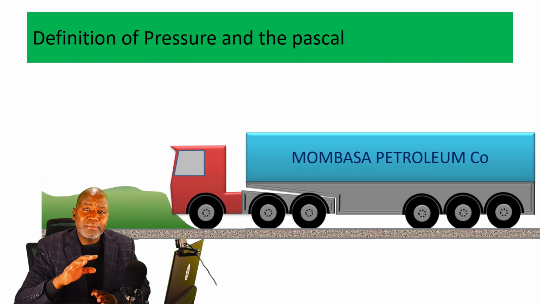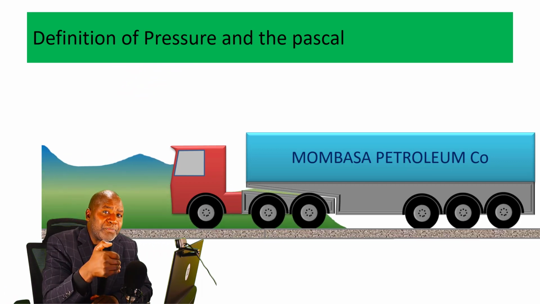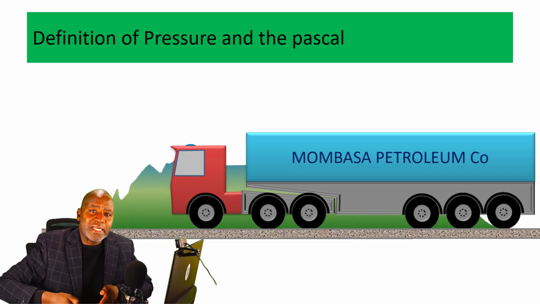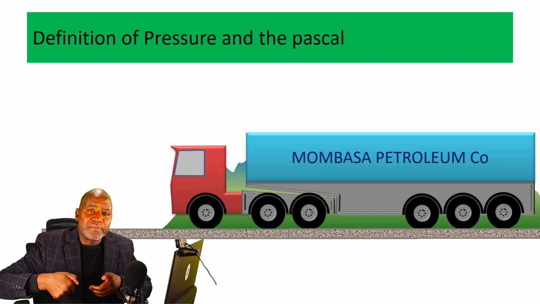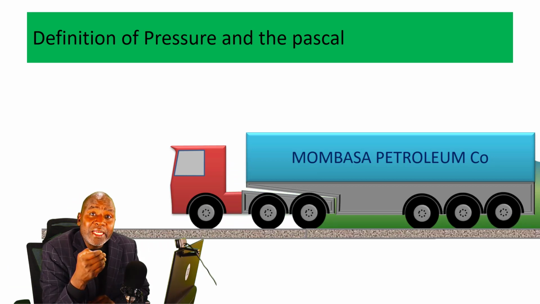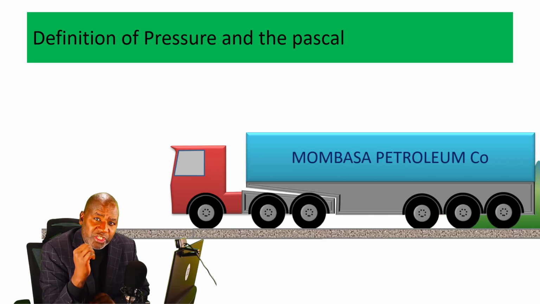But when it comes from the mainland back to the coast after offloading, you find that it has retracted some of the tires. Some of the tires are retracted upwards. How do we interpret these things that we see on a daily basis in scientific terms, such as pressure?